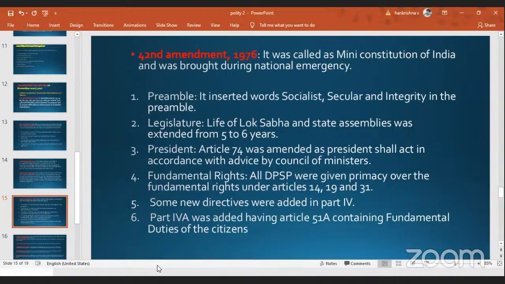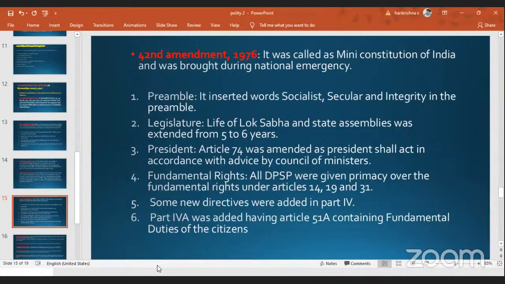That includes the preamble, legislature, about the president, about the fundamental rights, and also Part 4, adding fundamental duties of the citizens. So these were the objectives of the 42nd Amendment 1976. As we have said, for the preamble, it inserted the words socialist, secular, and integrity.